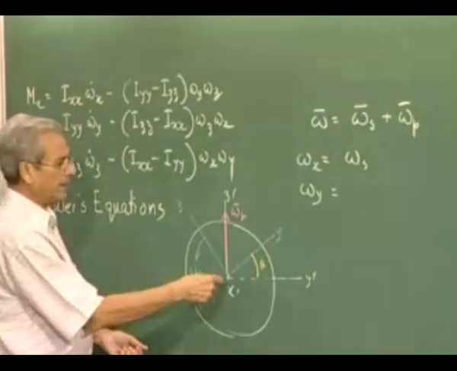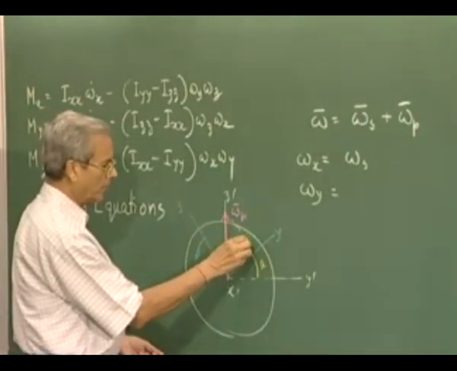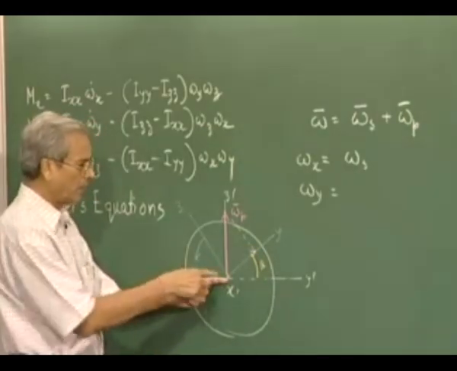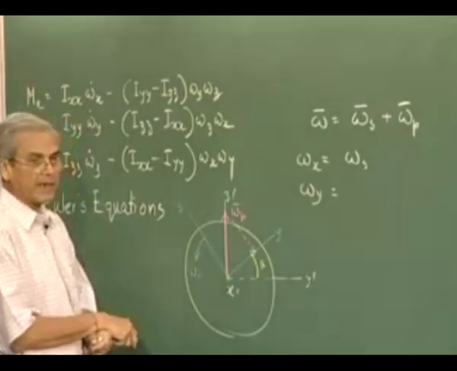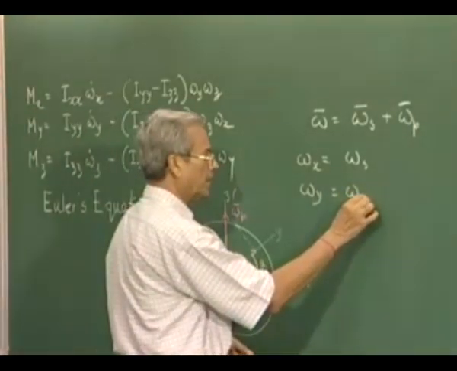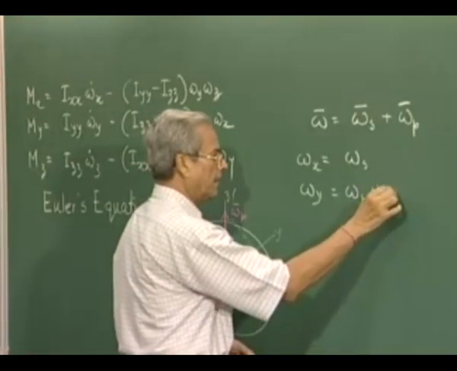So omega y will have a component of omega p this much, and the component of omega s is 0 because it is at right angles. So this is nothing but omega p sine theta.